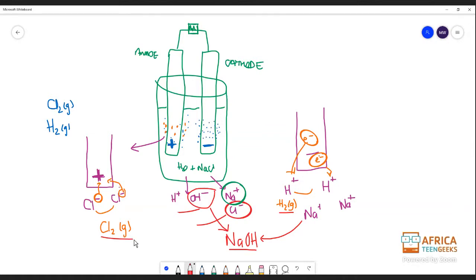And these are the products that you want out of this process. We then use the chlorine gas to make a bunch of products that need chlorine, we use the hydrogen for whatever reactions we can, and your sodium hydroxide, that base, is used in its own reactions. Does that make sense to everyone?